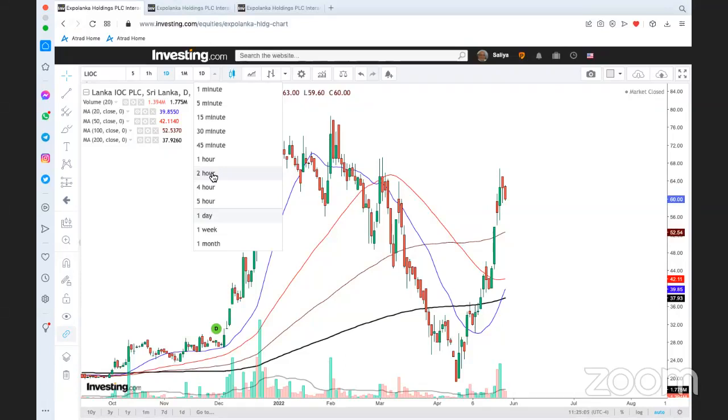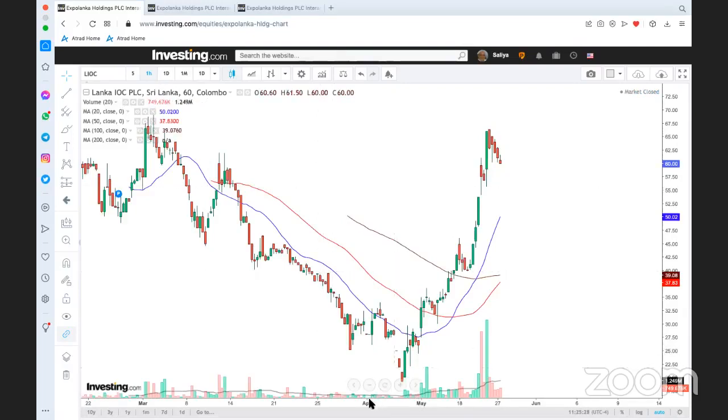You can use it that way, but you have to have the discipline to follow whichever shorter time frames you want to follow, and you must do it consistently. Now, I'm using the 1 hour chart.